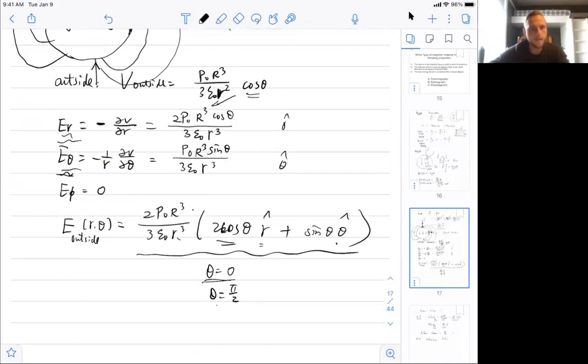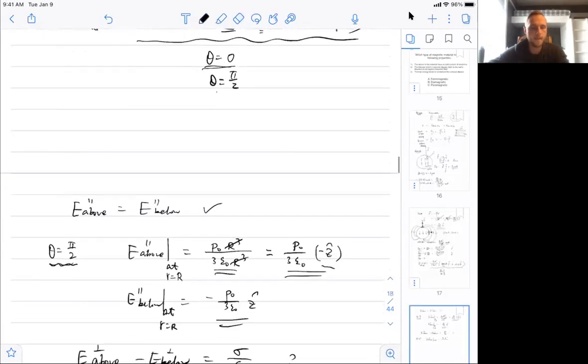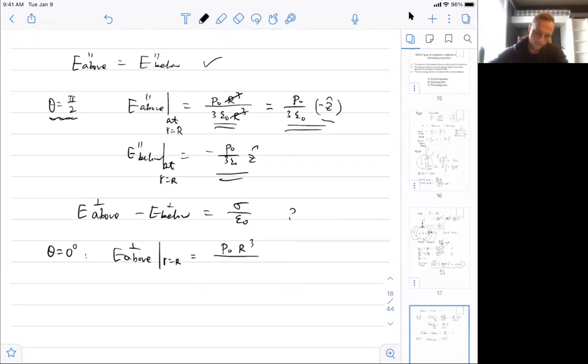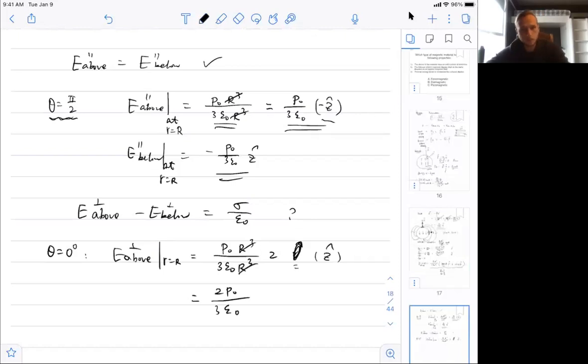I don't have a 2 here. I already took the 2 outside my integral. Sorry, don't have a 2 here. Okay, so I get P naught R cubed over 3 epsilon naught R cubed. That R hat is in the Z hat direction, right? So you can replace that with Z hat. So it's 2 P naught over 3 epsilon naught Z hat.